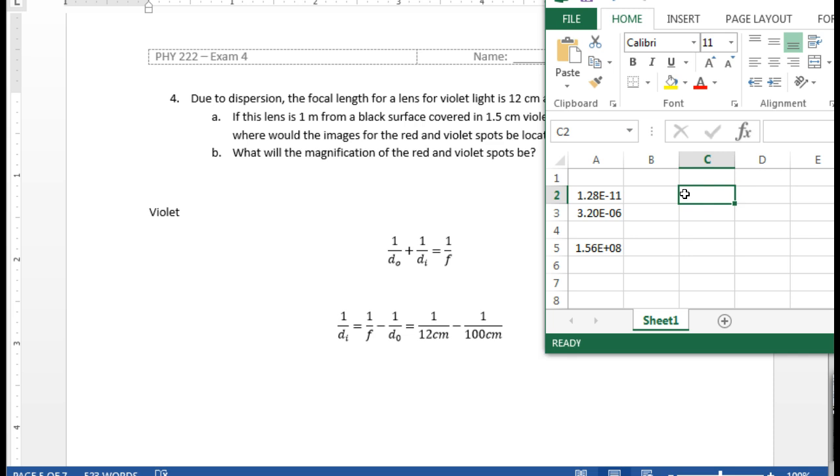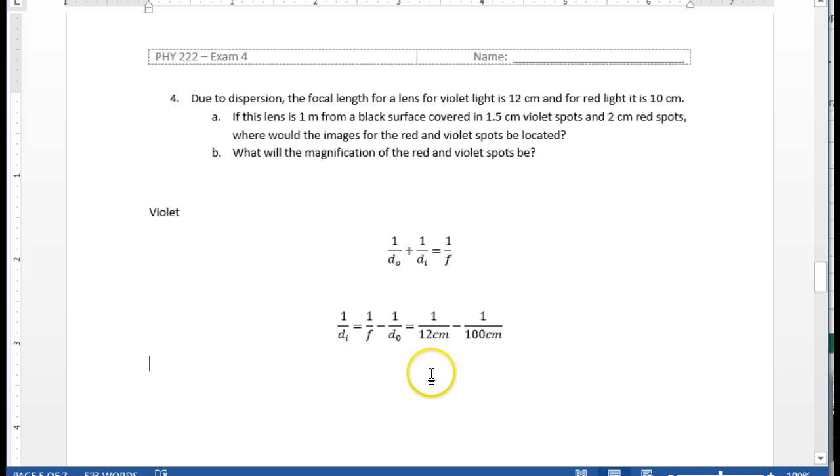So we have 1 over 12 minus 1 over 100, and we actually want DI, which is the inverse of that, so we want 1 divided by that. So 13.6, right? DI is 13.6 centimeters. That's it for violet.